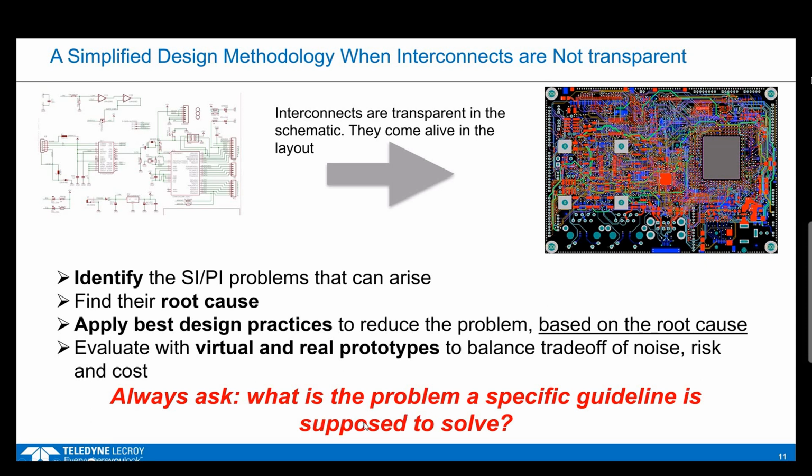That is going to be one of the most important questions we keep asking of every design guideline that we implement or that someone tells us you should implement. What is the problem that it solves, and why does it solve that problem? And can we analyze the impact that solution has based on virtual or real prototypes?